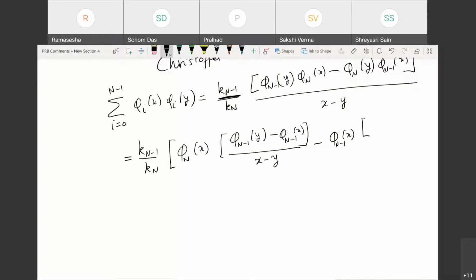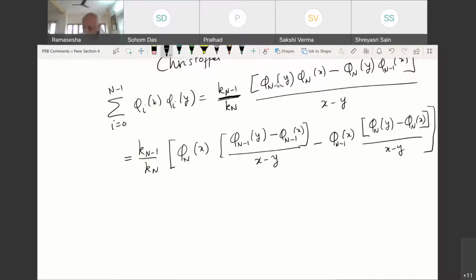So I'll have phi_n(y) minus phi_n(x) divided by x minus y. What I have subtracted, phi_{n-1}(x) phi_n(x), I have added back, so nothing I have changed. Okay. Now I take the limit x tending to y.